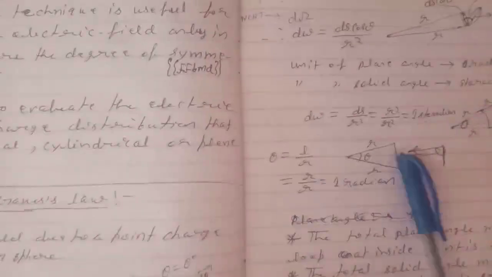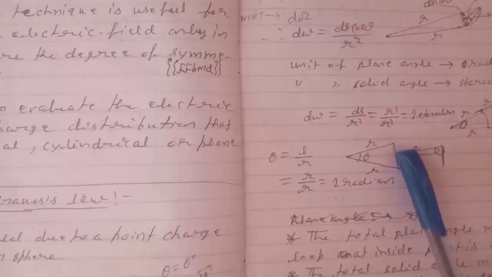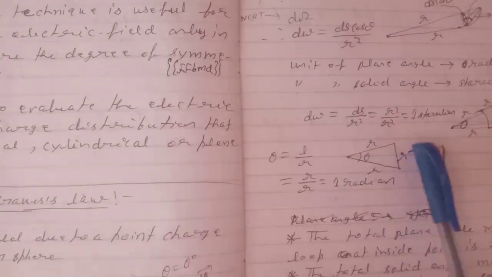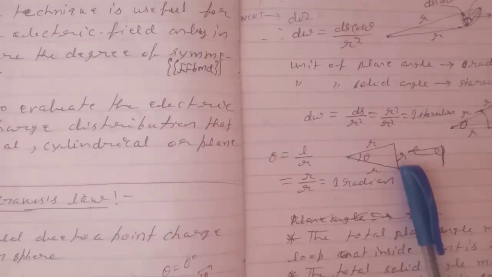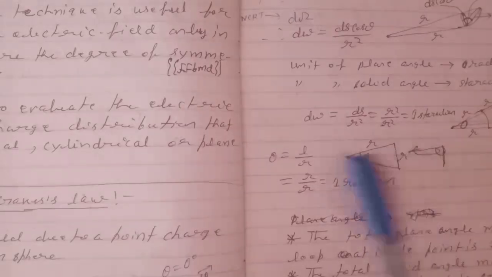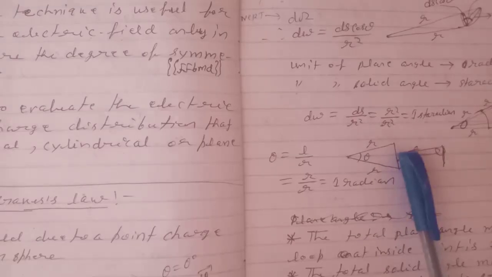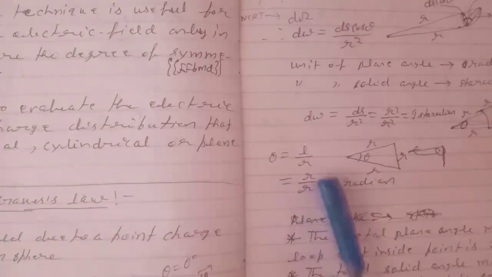Again, in plane angle, theta equals L by R. If the arc length is equal to R, the distance from the point, then the angle made by this arc will be 1 radian, that is theta equals L by R, or R by R, equals 1 radian.